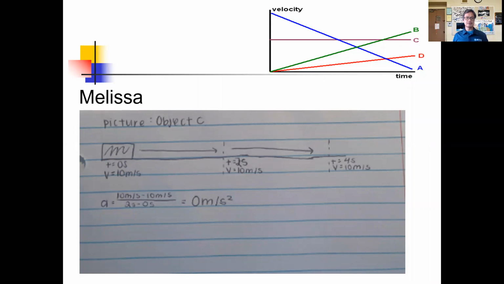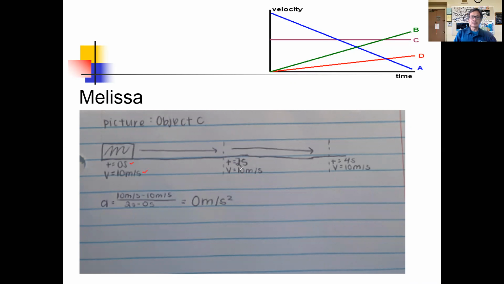Melissa deals with object C, and quite a few of you dealt with the movement of object C here. So let's take a look at how Melissa interpreted how object C moves. Melissa points out that the object starts out, and she said arbitrarily that it has a velocity of 10 meters per second at time 0.